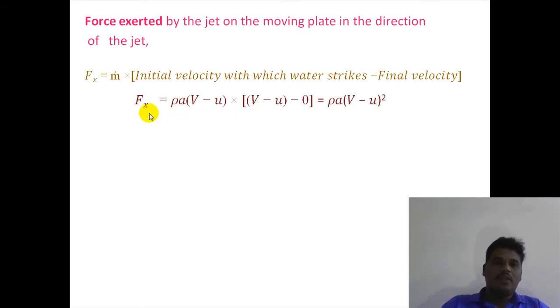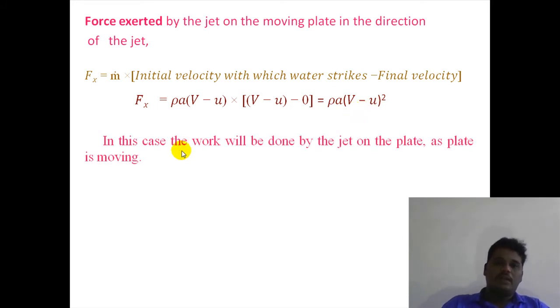Fx equals rho a v minus u, the mass flow rate, multiplied with v minus u minus 0. The final velocity remains 0 along the x direction, because the water leaves along the y direction only. That becomes rho a times v minus u whole square.